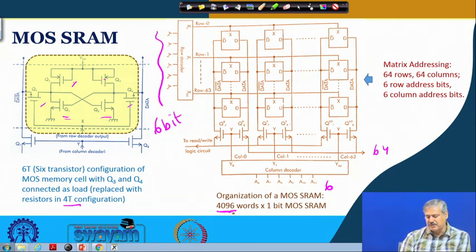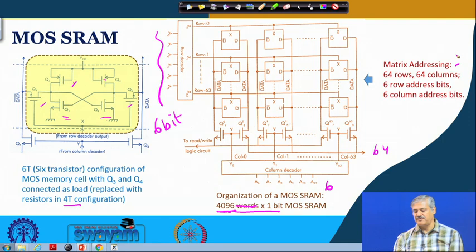So this is a 4096 into 1 bit MOS SRAM, okay. This is bit organized. Is it fine? Right. And this is matrix addressing, right? Fine.